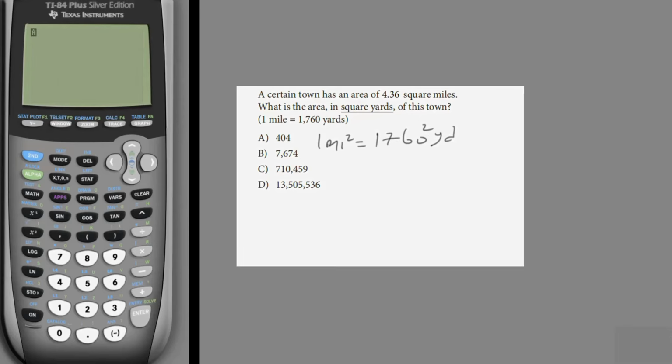Alright, so we have 1760 square. So we have it to be 3,097,600.